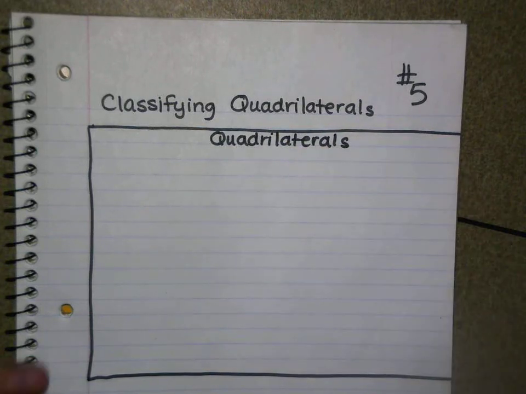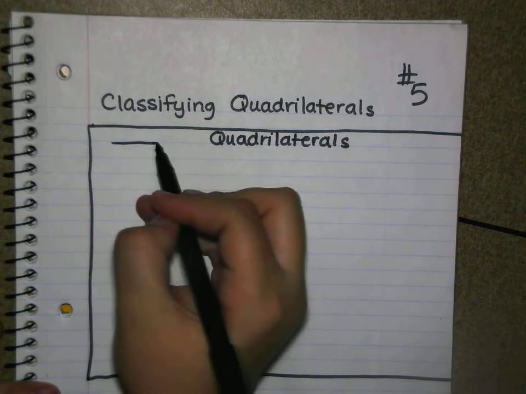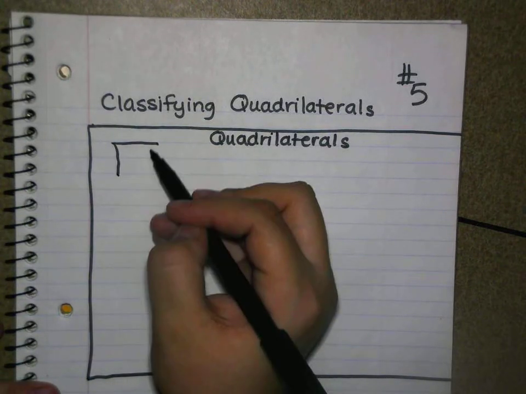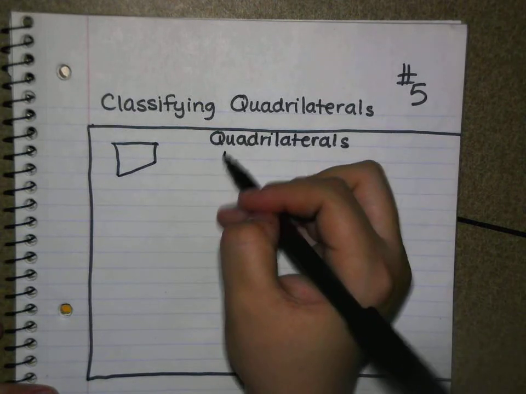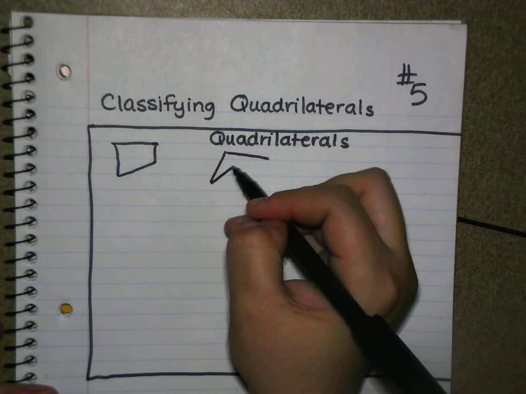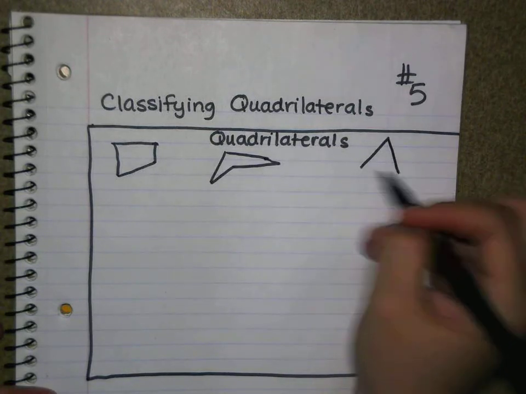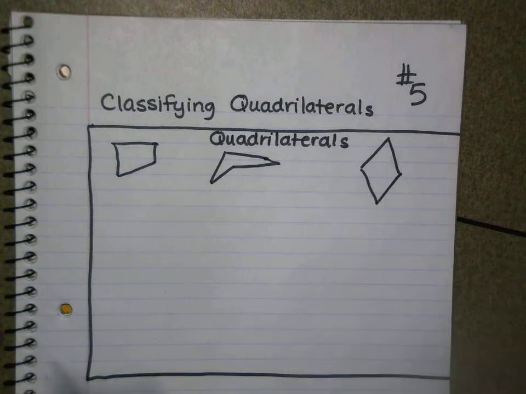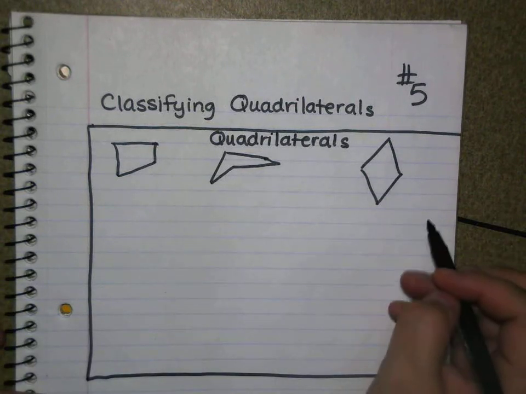Okay, so everything within this giant box is a quadrilateral. Some of those quadrilaterals might look like this. Okay, that has 4 sides and 4 angles. This might be something that is a quadrilateral. You could have something that looked like this that is a quadrilateral. Those are all quadrilaterals.